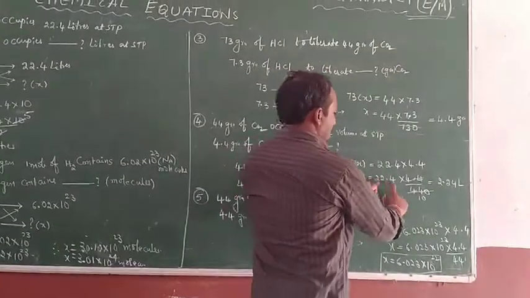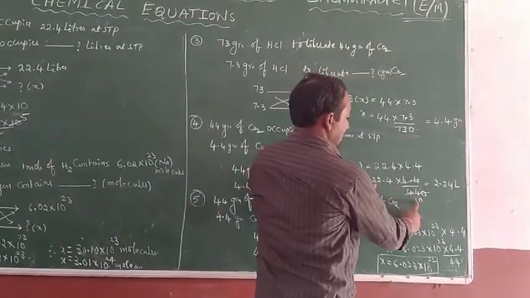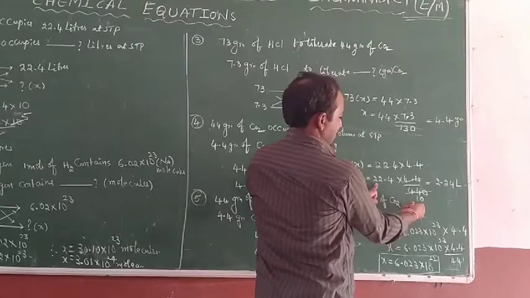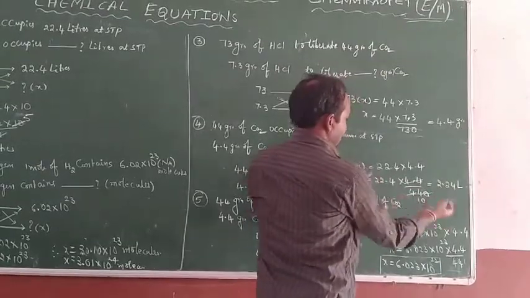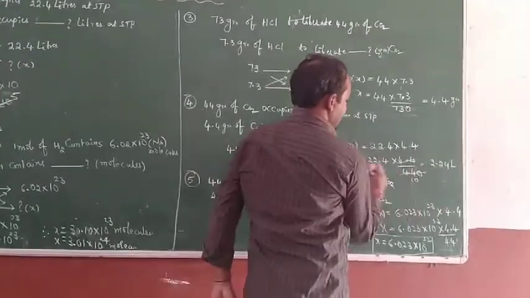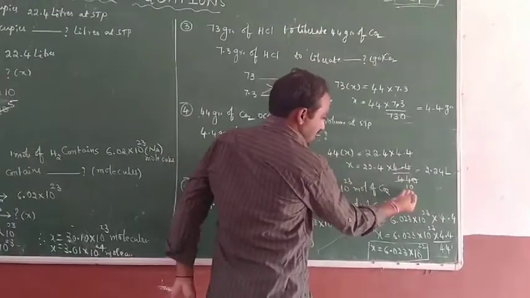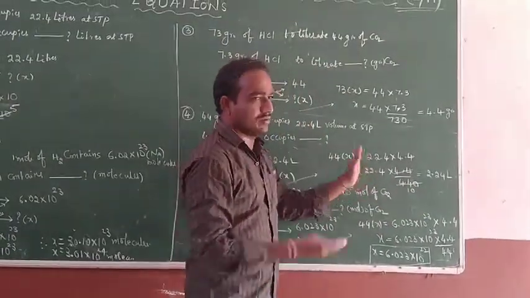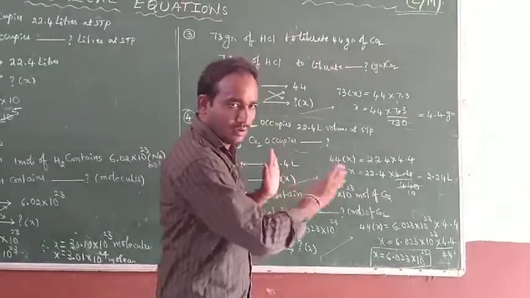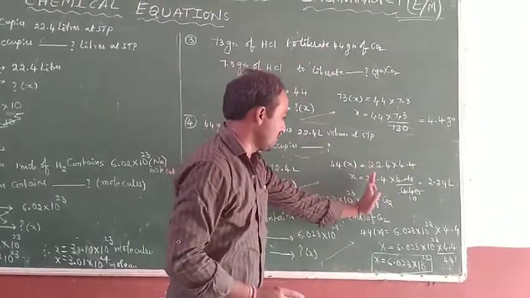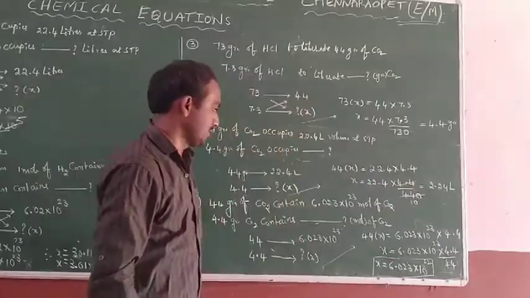So 22.4 is divided by 10. The denominator value is 10, so we write the complete value 2.24. If the denominator is 10, the decimal moves one digit to the front. That's why 2.24 liters.